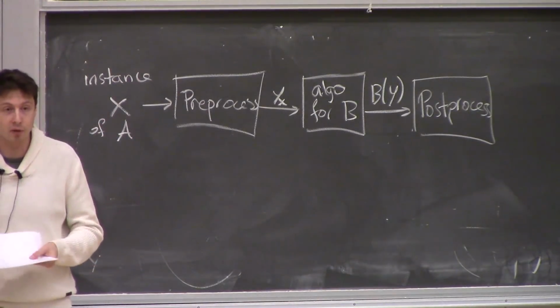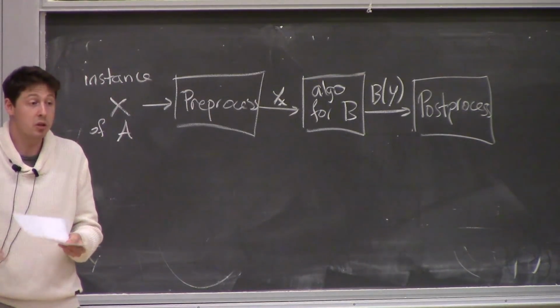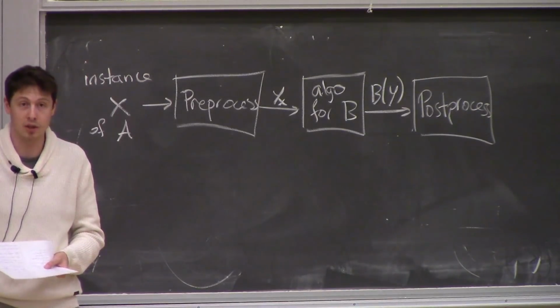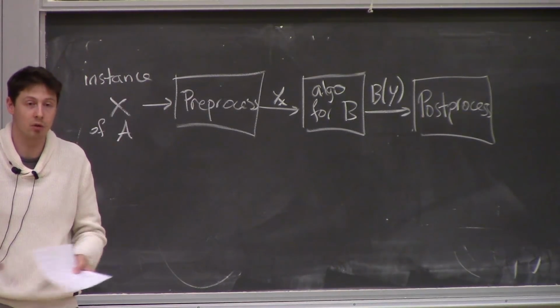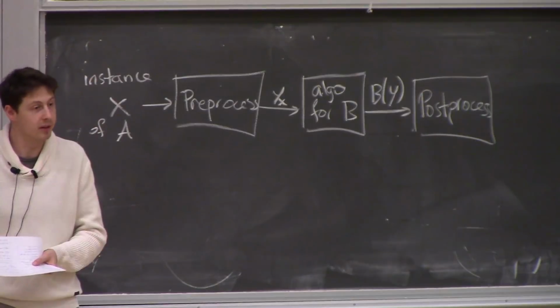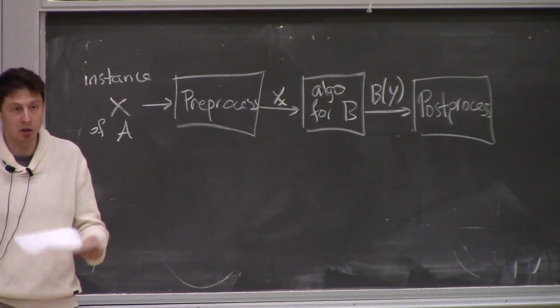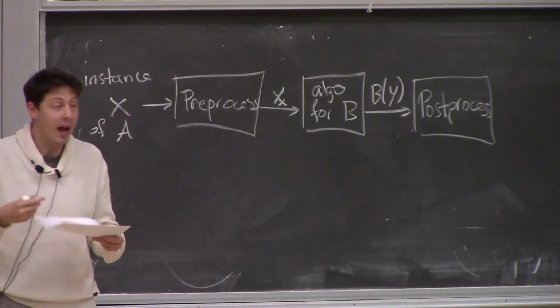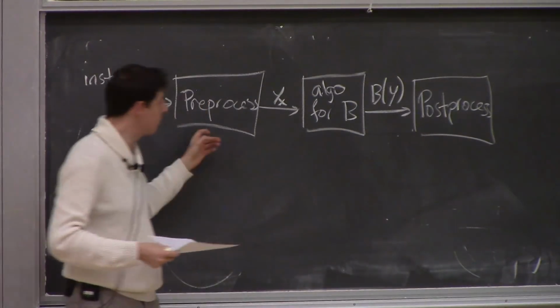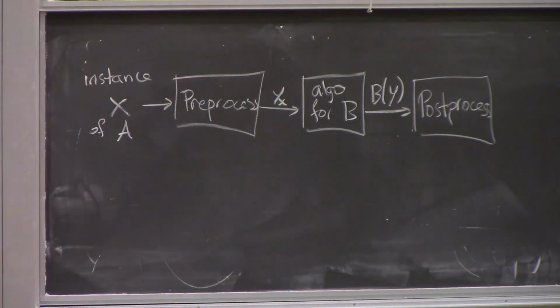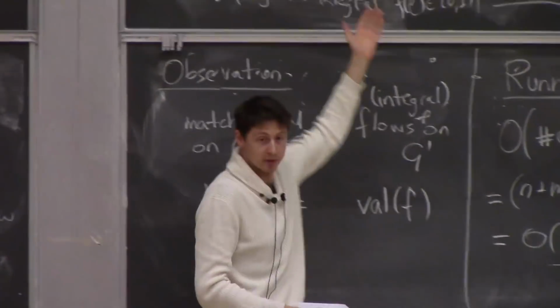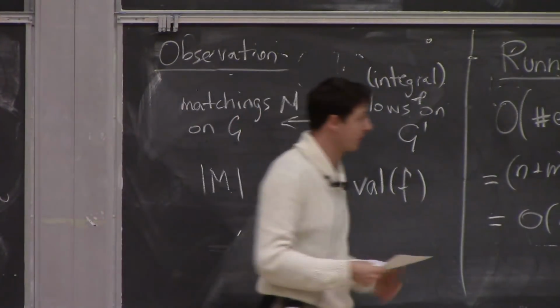The max flow subroutine gives us a flow. What good is it for us if we need to output a matching? They're different things. It doesn't mean anything to output a flow instead of a matching, right? We have to take the flow and interpret it. How are we going to interpret it? Well, how we interpret it is going to really depend on the pre-processing that we've done, because we have set up the max flow instance in this way. Therefore, once we get back the answer, we know how to interpret it, right? By just picking out the edges, right?